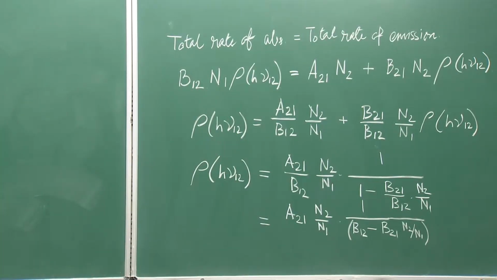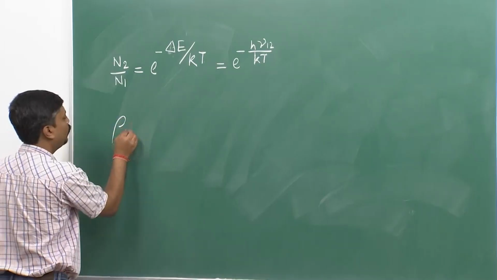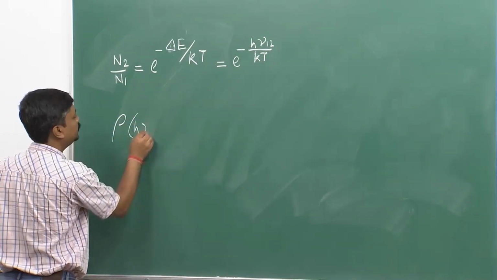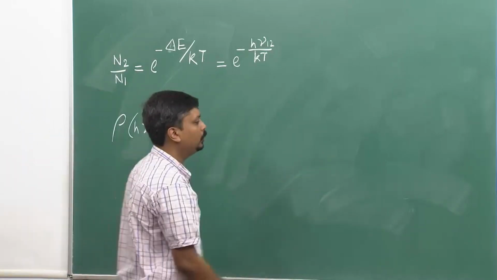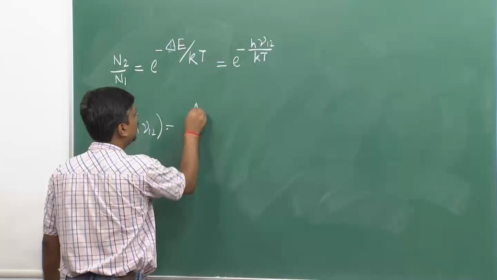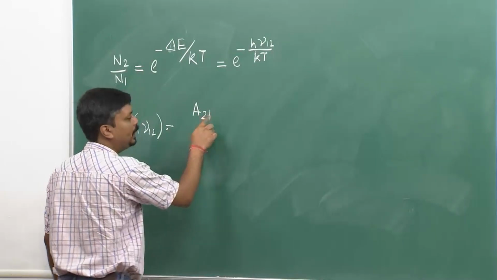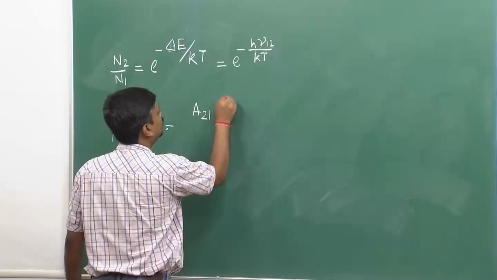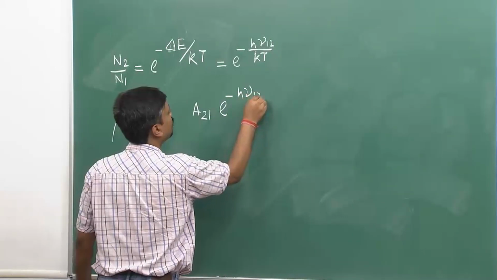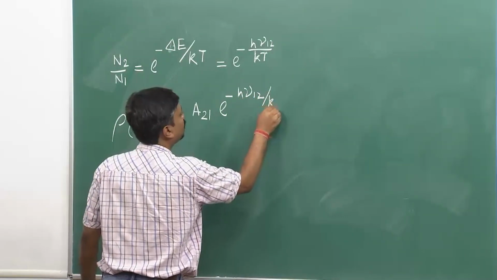Rewriting here, rho h nu 12 is equal to A21 multiplied by N2 by N1, so I will use this value, e to the power minus h nu by kT.